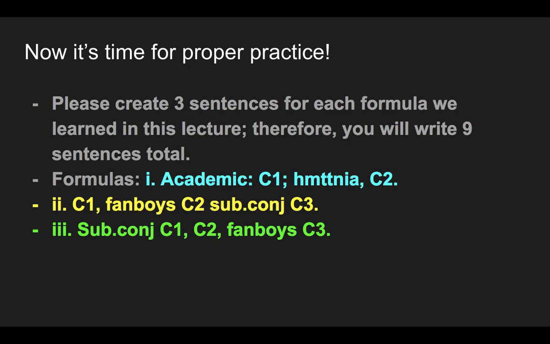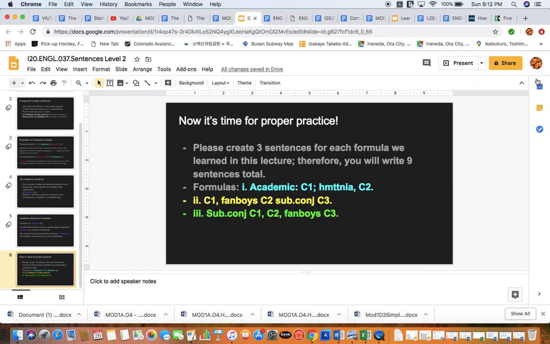So 3 sentences for blue, 3 sentences for yellow, 3 sentences for green, and you can submit that to me as one of your practice assignments. So it won't be for marks, it's just to show me you can do it. Okay, excellent work. Get on it.